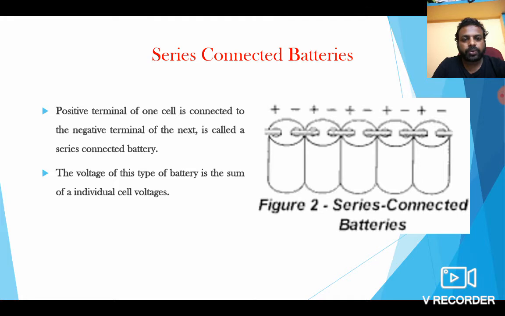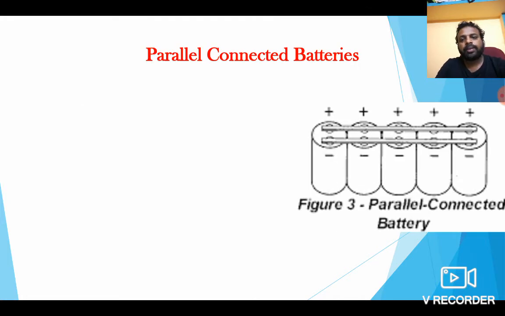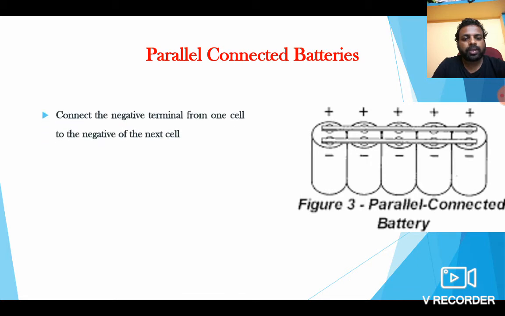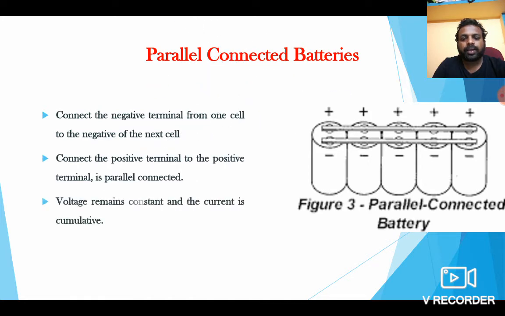And the next type is parallel connection. In this parallel connection, the positive terminals of each battery are connected together, and the negative terminals of the batteries are connected separately together to the other terminals. So it is called a parallel connection. From this image you can understand the parallel connection.